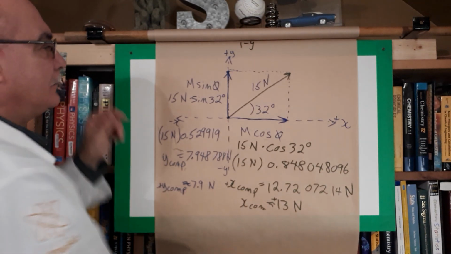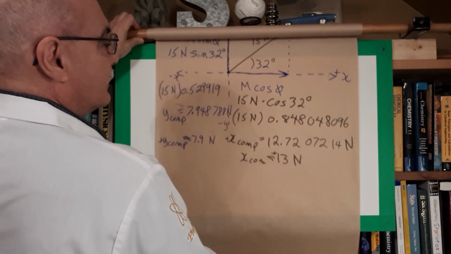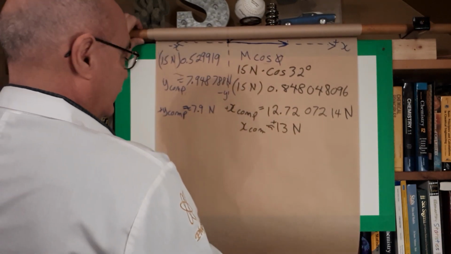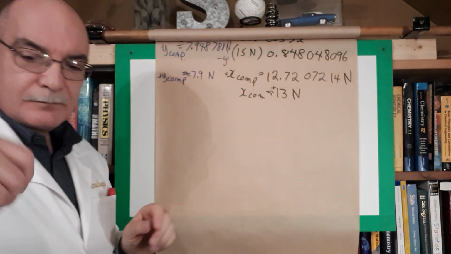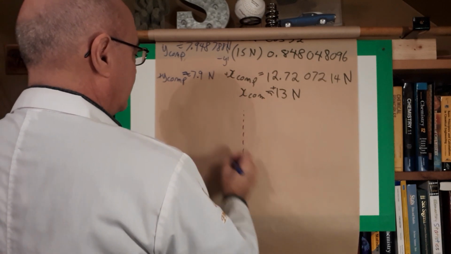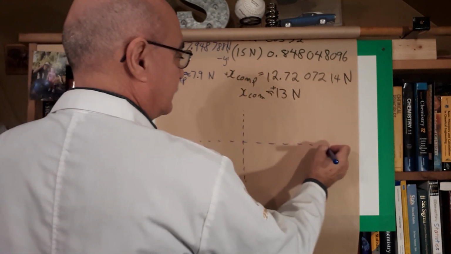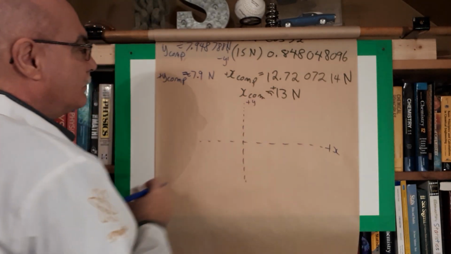So let's do this again. I'm going to resolve one more thing before I go further. Once we have resolved the vector into its x and y components, I'm going to draw that Cartesian scale again. Plus x direction going that way, plus y going upwards.